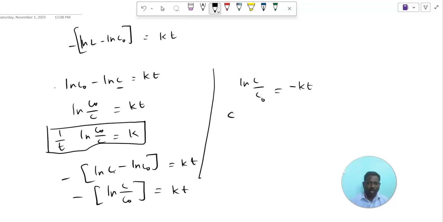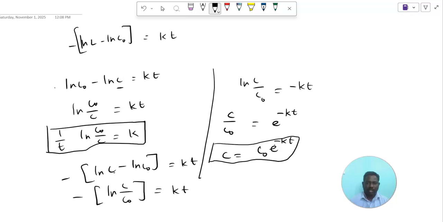If you remove the ln, then C by C naught is equal to exponential of minus kt. So C is equal to C naught e to the power minus kt. This is the concentration we can determine using this integrated expression.